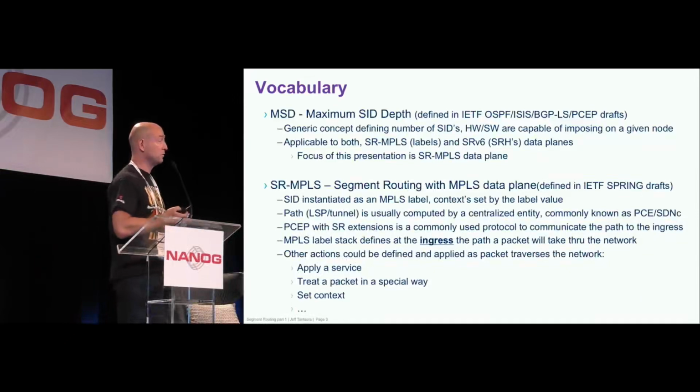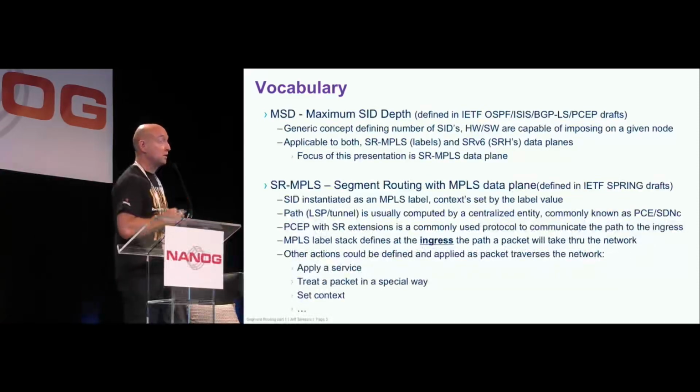The controller will build a graph, take the constraints coming from an application, and build a path. MSD is one of the constraints that should be counted when you build a path. The MSD you push down to a device should never exceed the capability of the hardware. Otherwise, you'll end up in trouble.